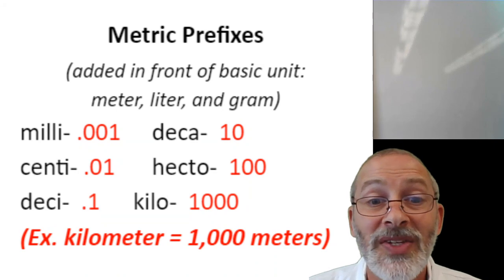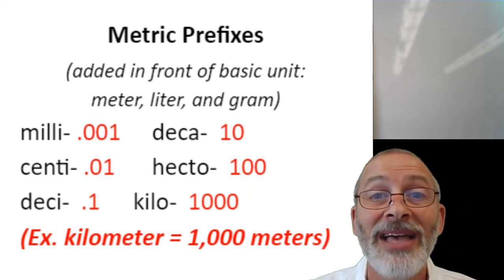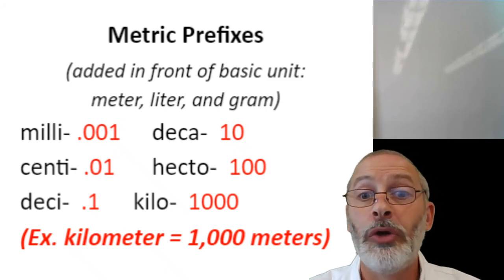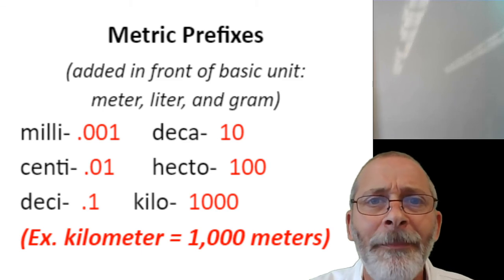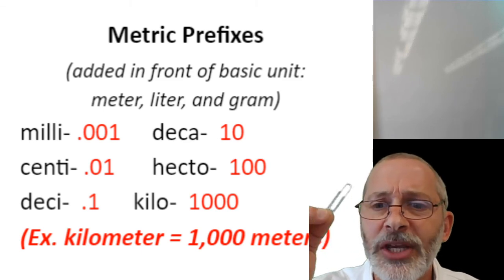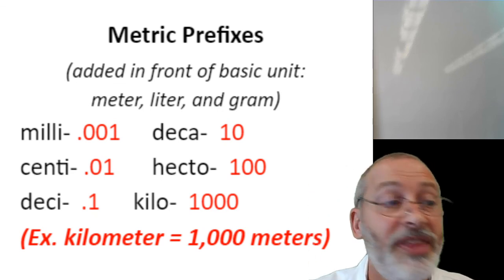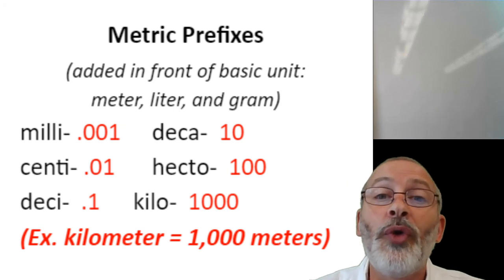Same with mass. You can put these prefixes in front of mass. A kilogram and a gram. A gram is the basic unit. And by the way, a gram has the mass equivalent to about a paperclip. You get 1,000 of these together, and you have 1,000 grams.